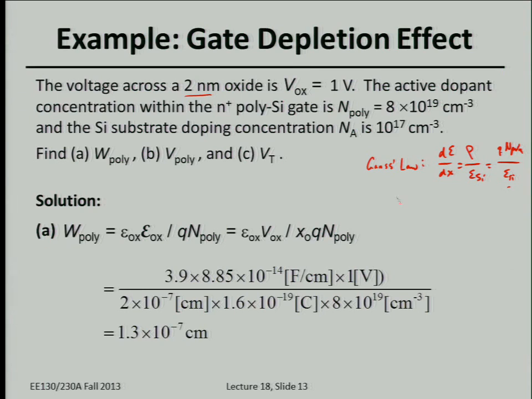If we integrate all the charge in the polysilicon gate, that's Q times N poly times the width of the depletion region in the polysilicon. Is that right?